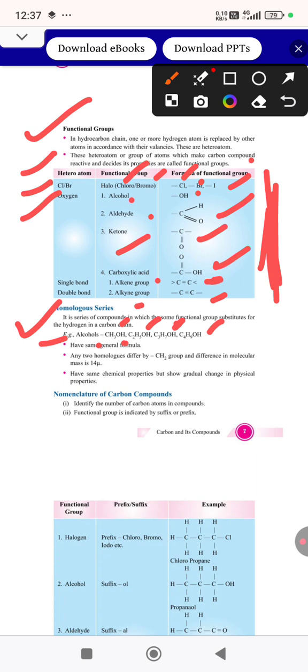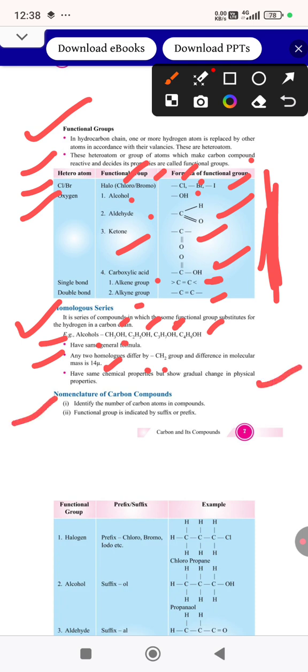They have the same general formula. Any two homologues differ by a CH2 group. There is a difference of a CH2 group in each compound, and the difference in molecular mass is 14 u. They have the same chemical properties but show gradual change in physical properties.